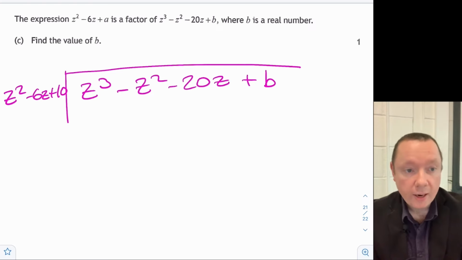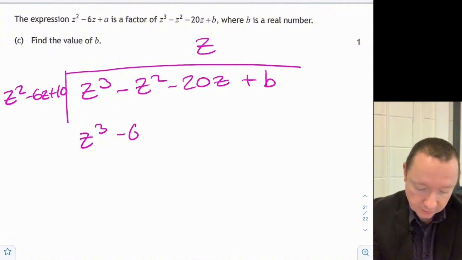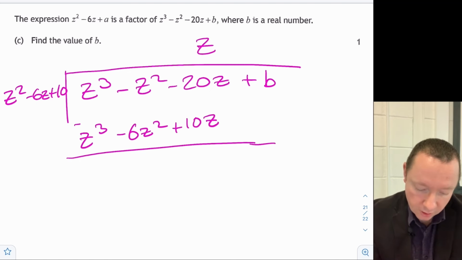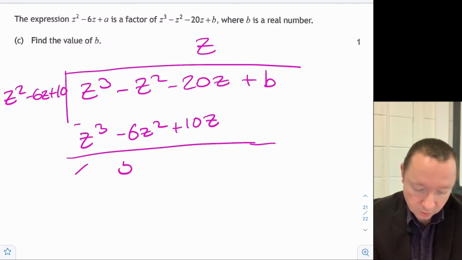So z squared goes into z cubed z times. Multiplying through by z, we get z cubed minus 6z squared plus 10z. Taken away from each other, that gives us nothing, and it gives us 5z squared, and we get minus 30z plus our b on the end.